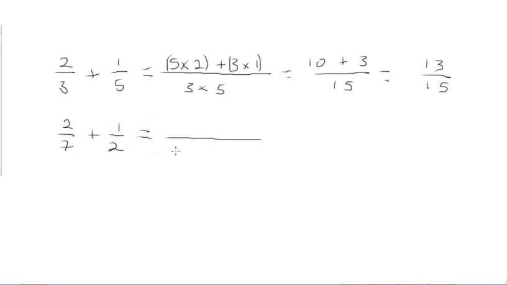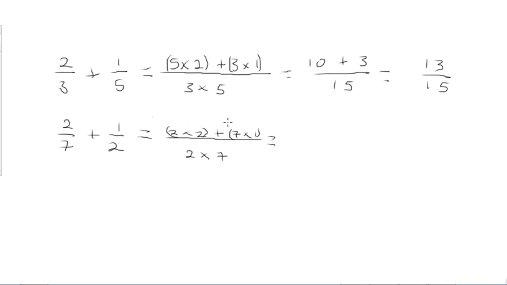So we say 2 multiplied by 7. Then this denominator by that numerator, 2 multiplied by 2, plus this denominator by that numerator, which is 7 multiplied by 1.